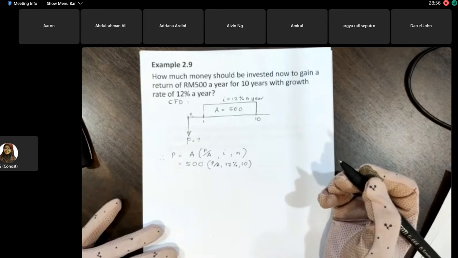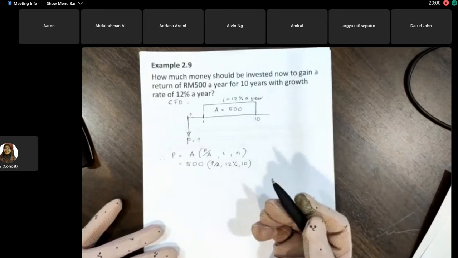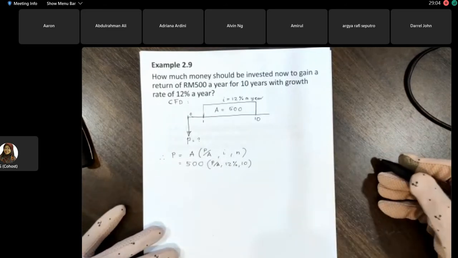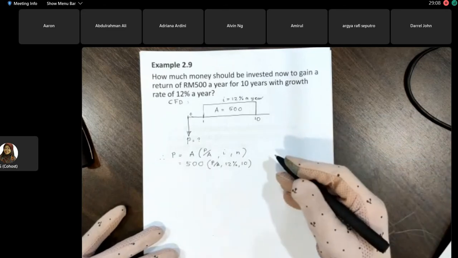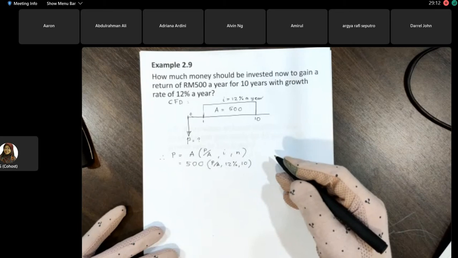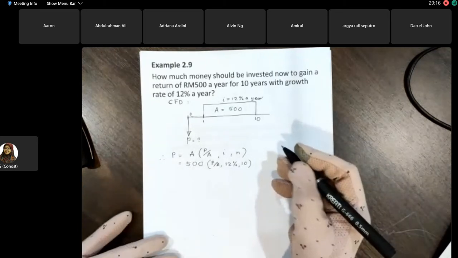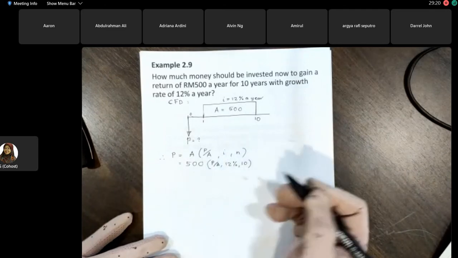Okay, what should I do next? Who can answer? What should I do after this? Any idea? I can use the table or I can use the formula.